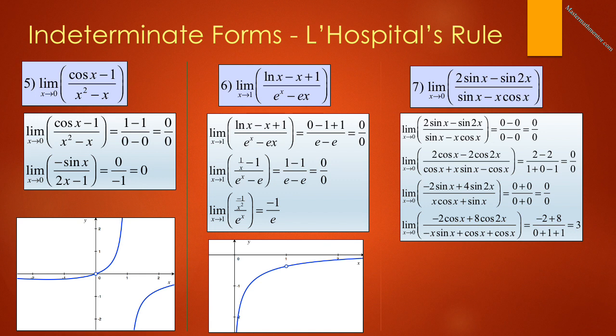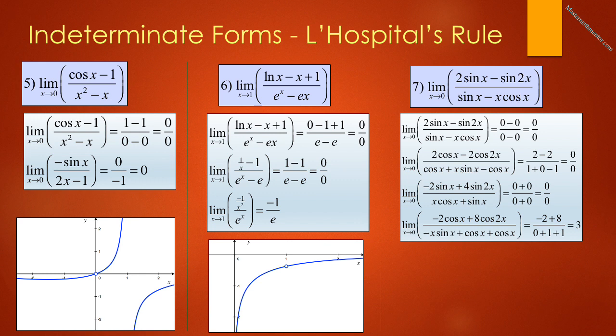So we apply it again, and we get upstairs negative 2 sine x plus 4 sine 2x over x cosine x plus sine x. When we plug in 0, we get 0 plus 0 over 0 plus 0, or 0 over 0.